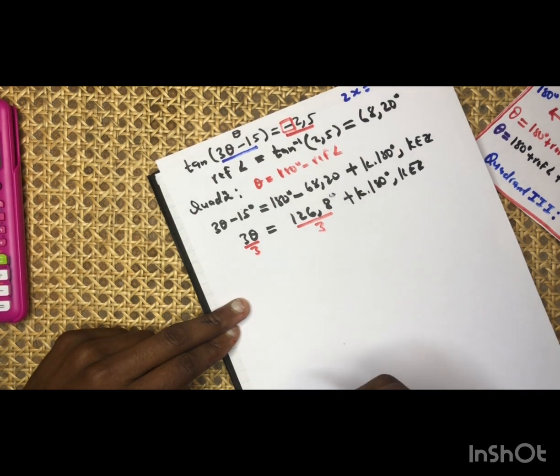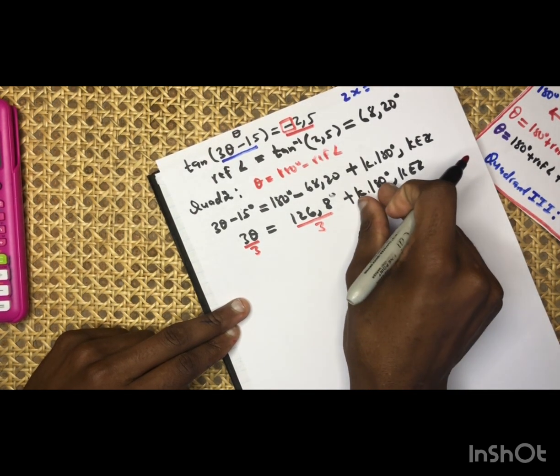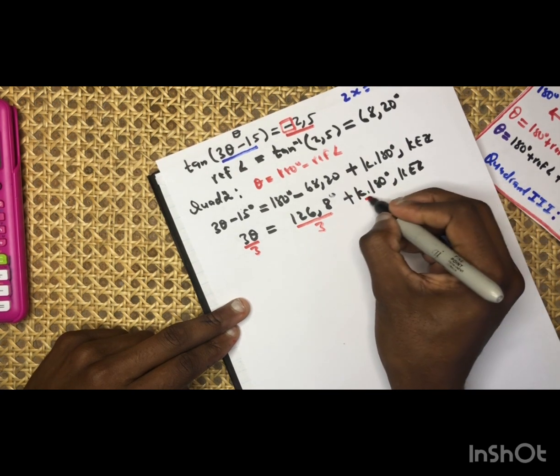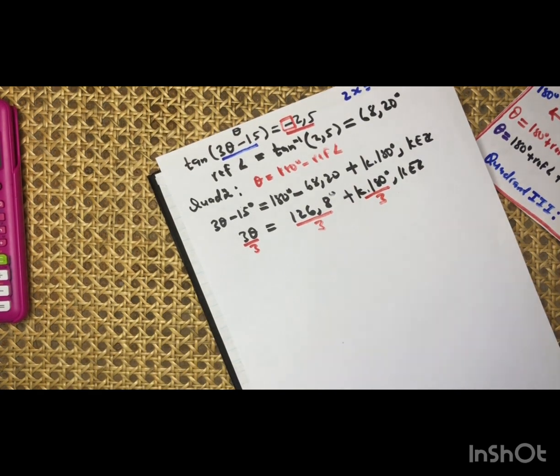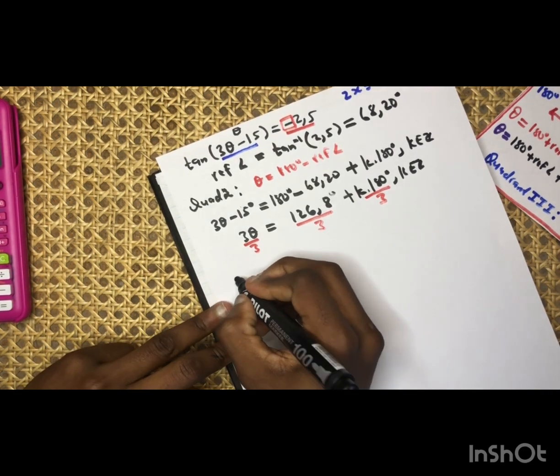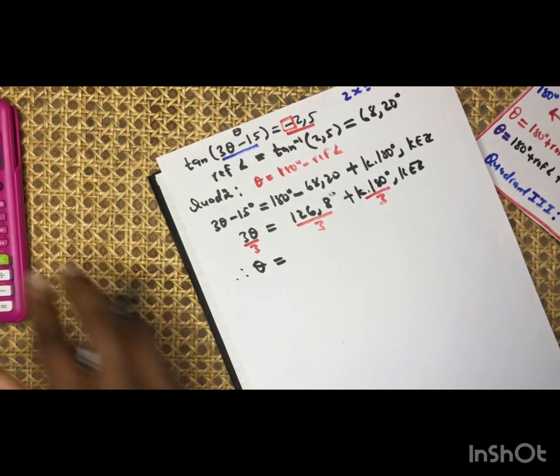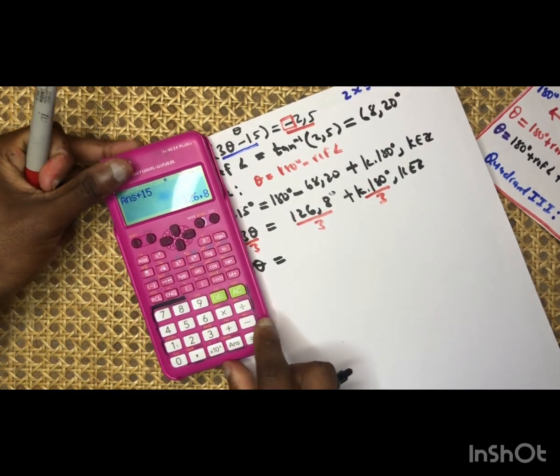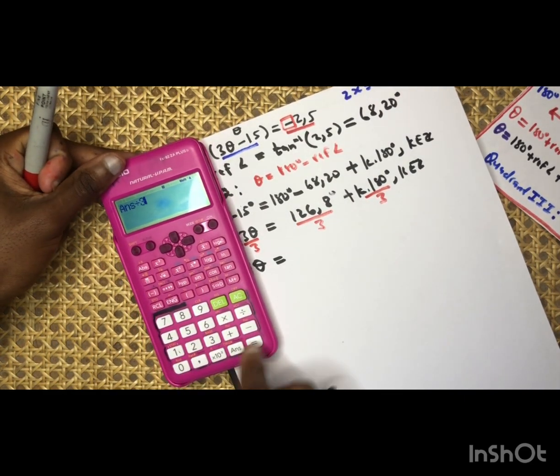Remember, if I divide by 3, I will also affect the period. So I'm going to divide here also by 3. Understand? So now we have the solution, which is 126,80 divided by 3.